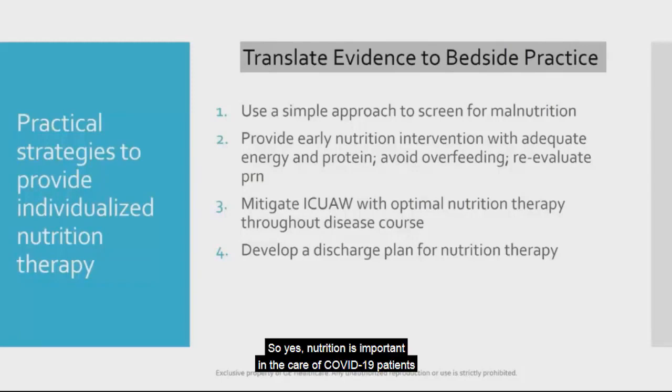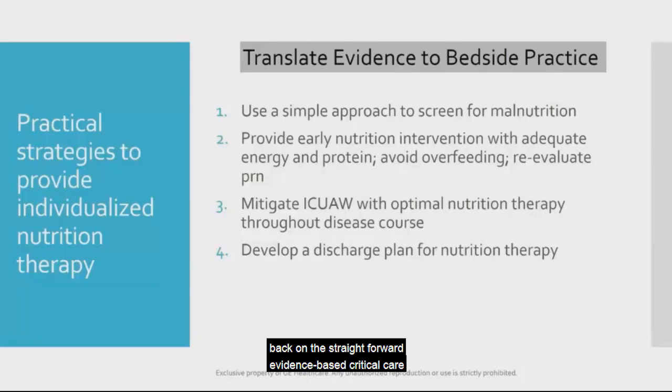So, yes, nutrition is important in the care of COVID-19 patients. And we want to use a simple approach to screen and intervene on malnutrition and provide early nutrition intervention with adequate energy and protein, avoiding overfeeding while reevaluating energy and protein needs over time.